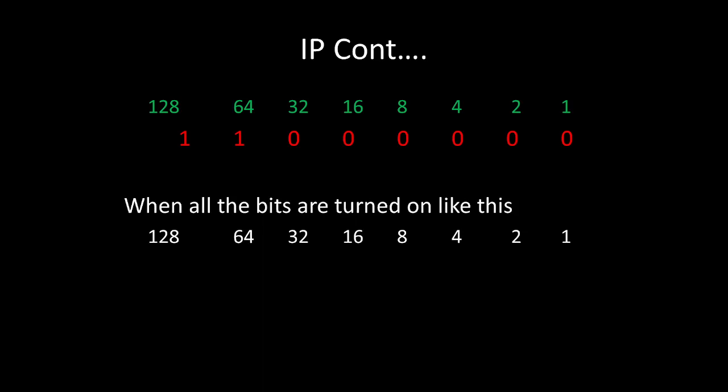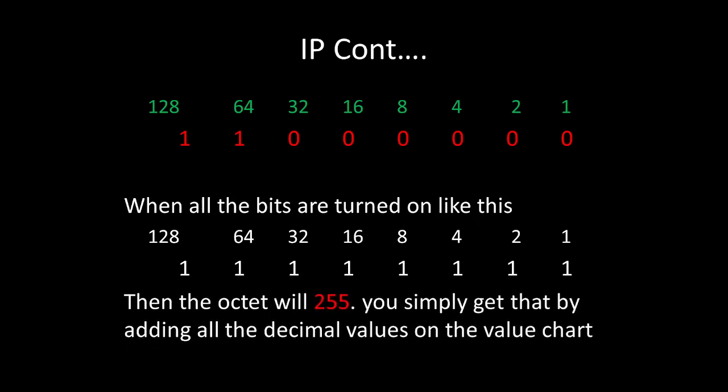When all the bits are turned on in this particular octet, then it will actually be like that. And when it is like that, then it means this particular octet is making use of all the bits, all are taken up, and so it is a 255.